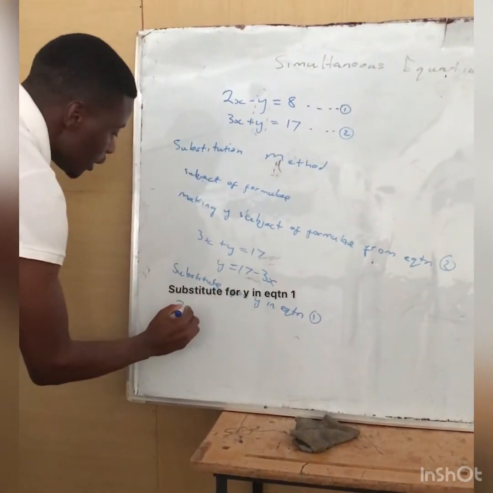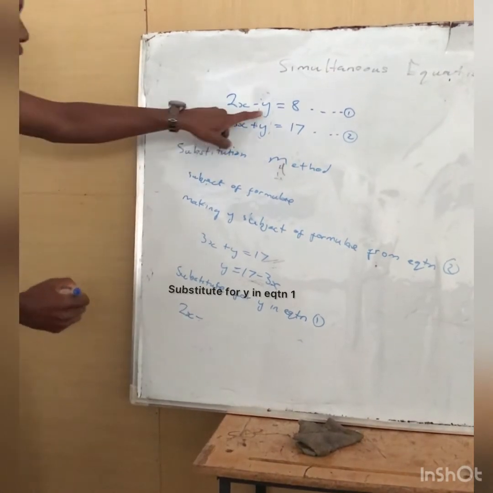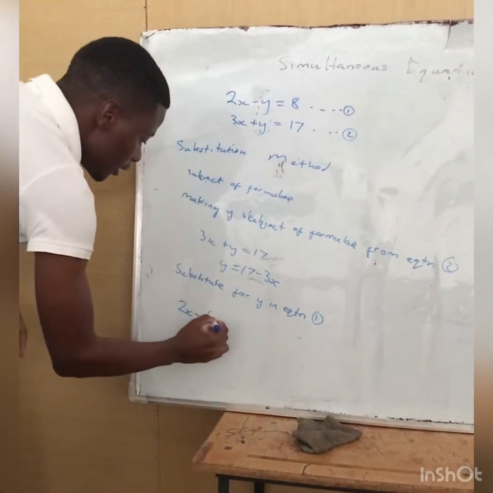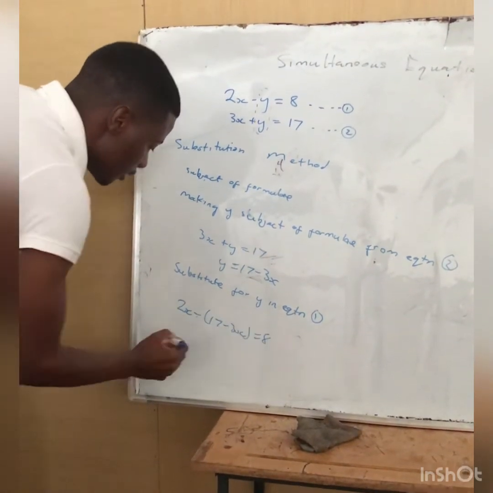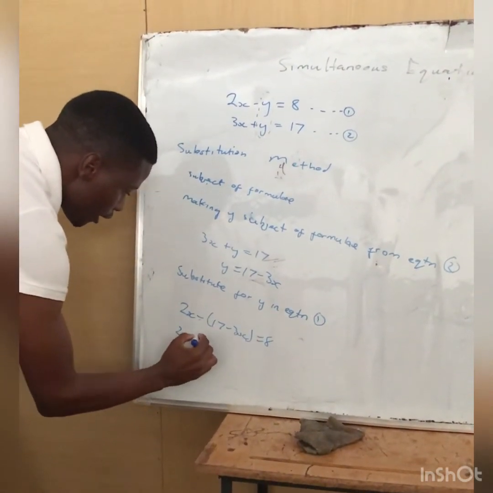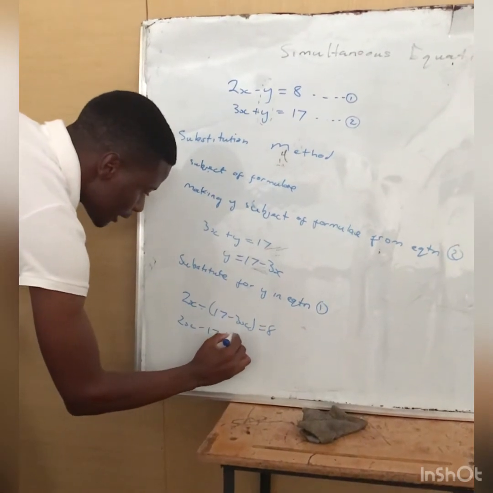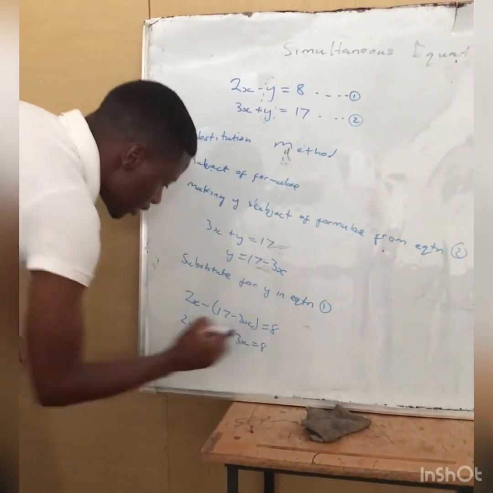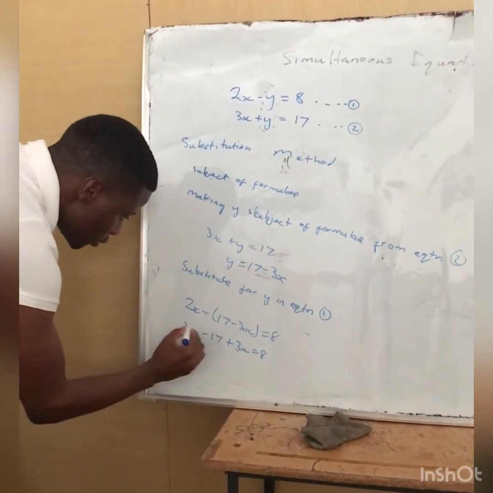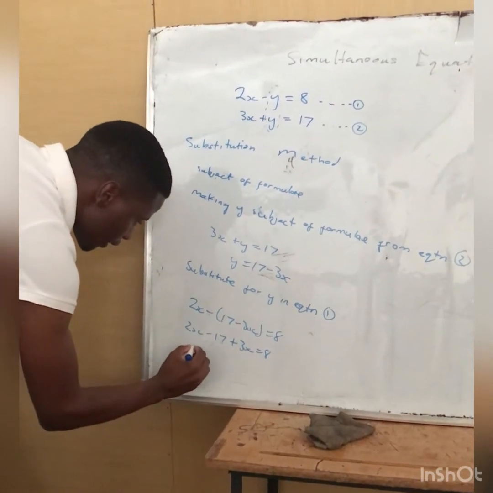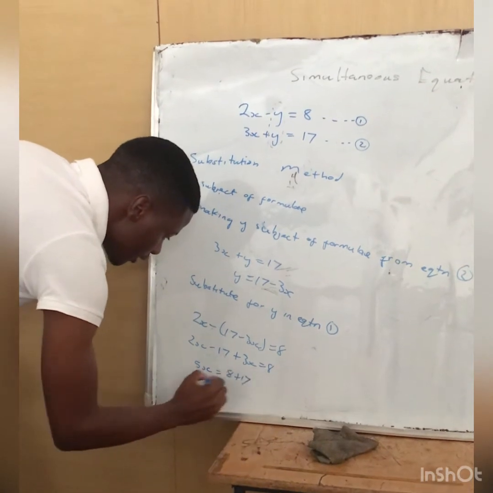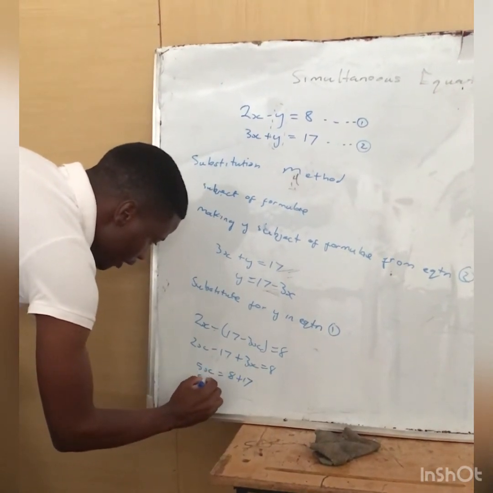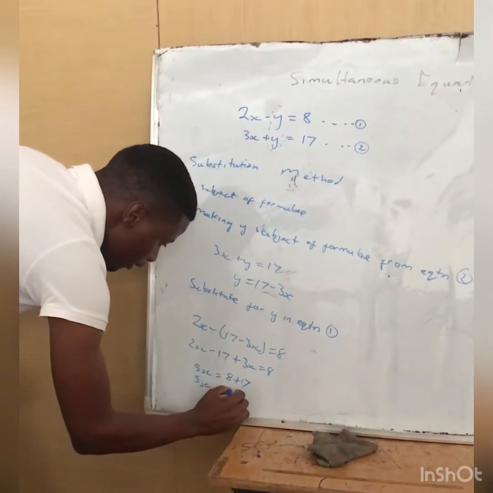Therefore, 2x minus, where there is y, I'm now putting 17 minus 3x, is equal to 8. Therefore, 2x minus 17 plus 3x is equal to 8. Therefore, 2x plus 3x, that's 5x, is equal to 8 plus 17, which is 5x is equal to 25 again.